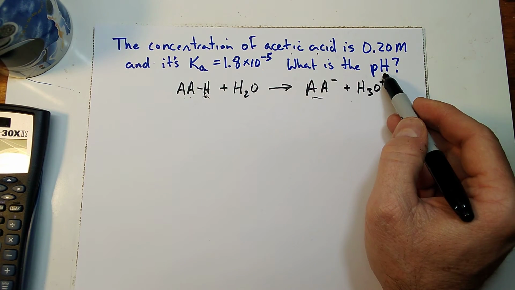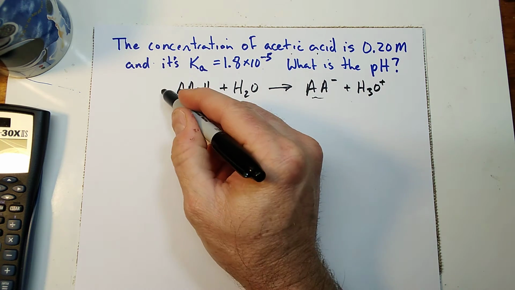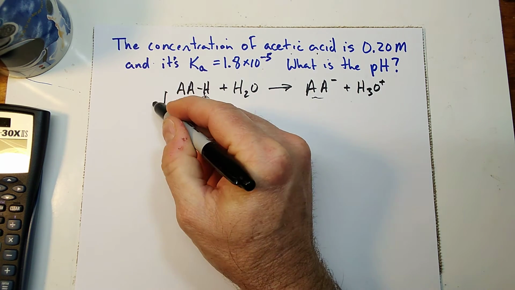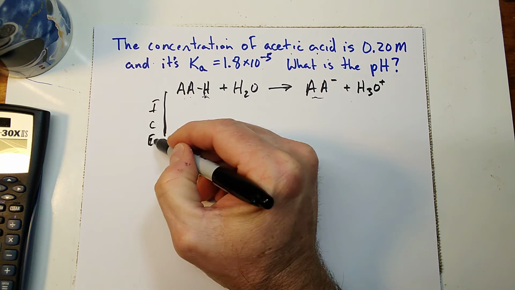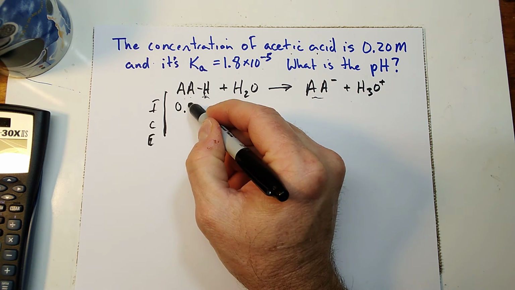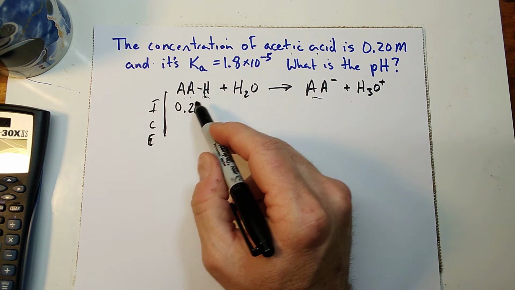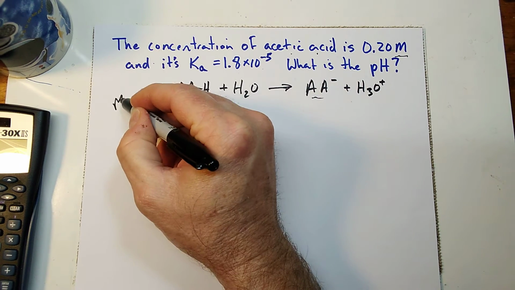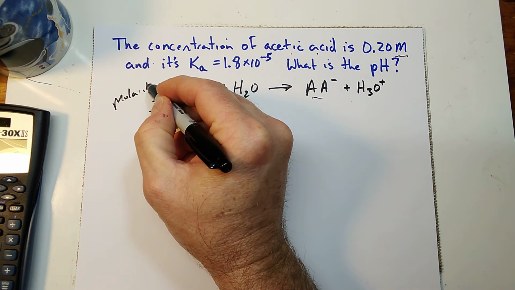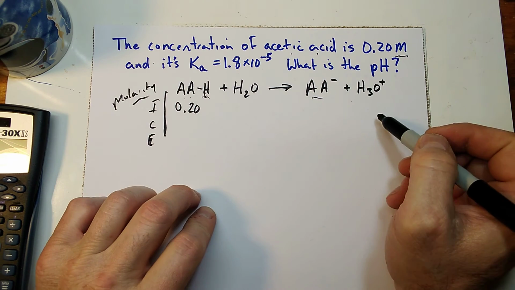And they're wanting to know what the pH is. So they give us the initial concentration, so we can start thinking of the ICE table. They tell us that it's 0.20 molarity, the big M. So we're noting, hey, we're using the ICE table, and we're considering molarity values.